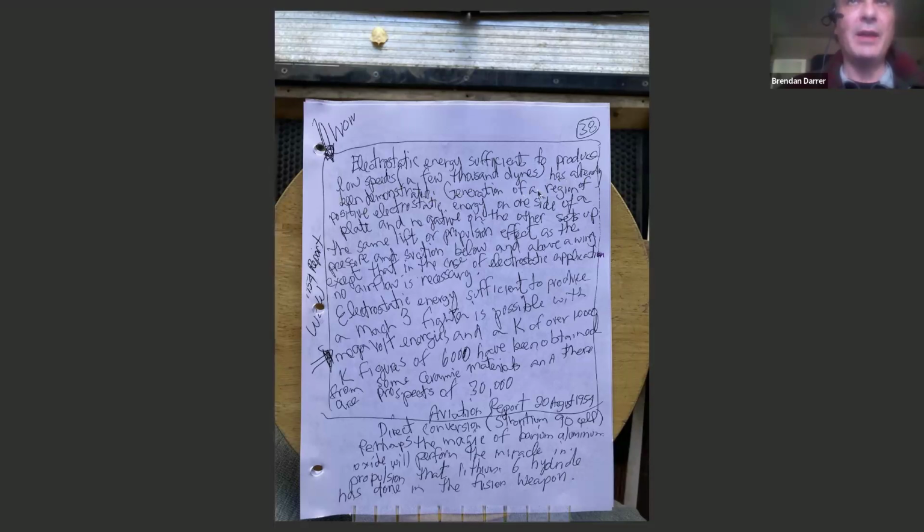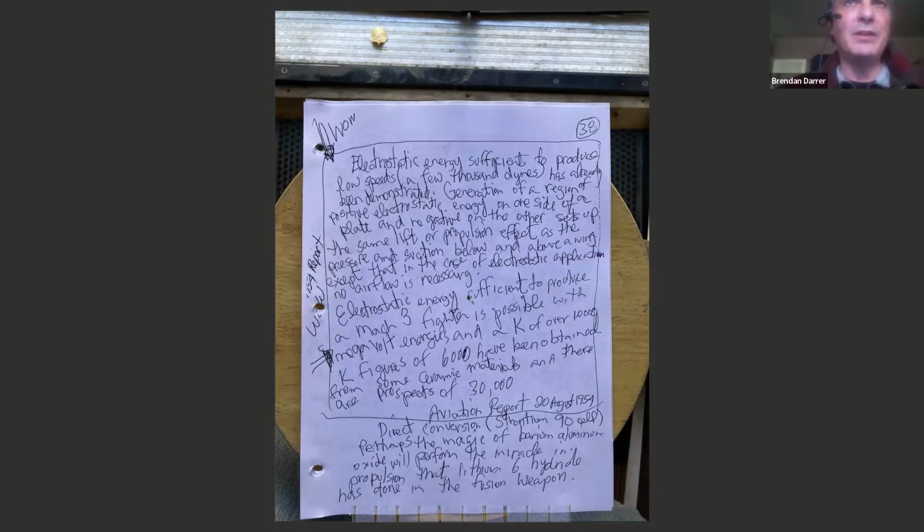Generation of a region of positive electrostatic energy on one side of a plate and negative on the other side sets up the same lift or propulsion effect as the pressure and suction below and above a wing. Very important, except that in the case of electrostatic application, no airflow is necessary.